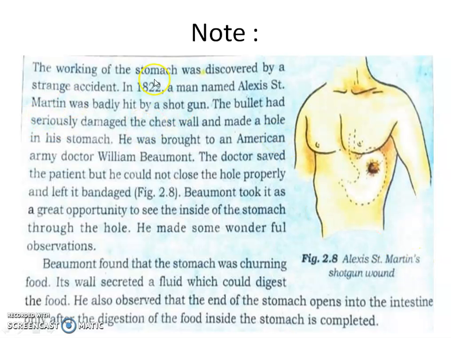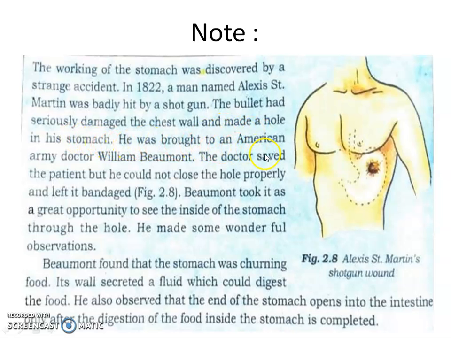Note this: the working of the stomach was discovered by a strange accident. In 1822, a man named Alexis Saint Martin was badly hit by a shotgun. The bullet had seriously damaged the chest wall and made a hole in his stomach.